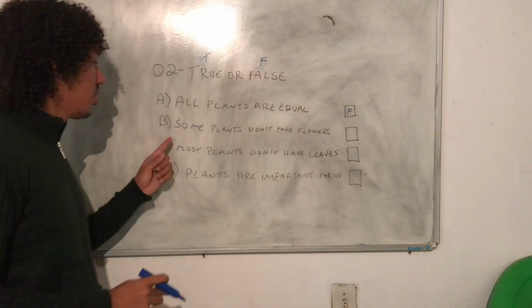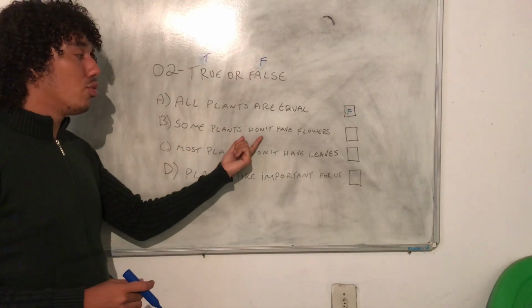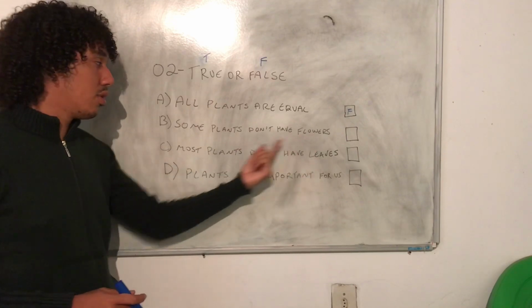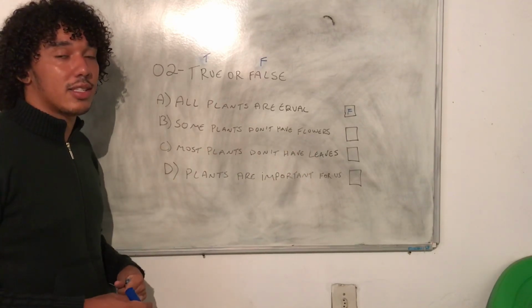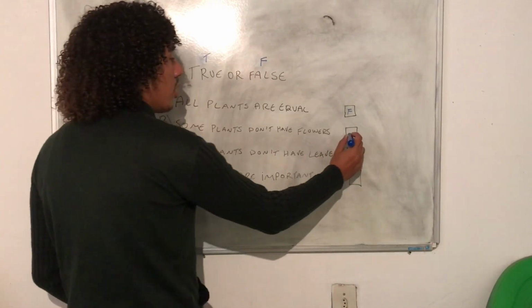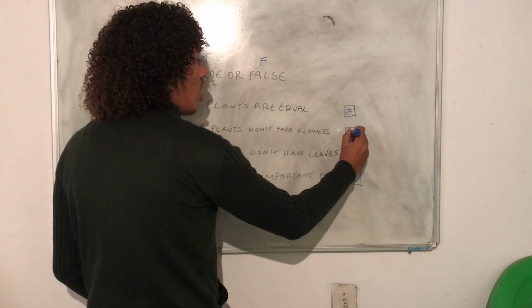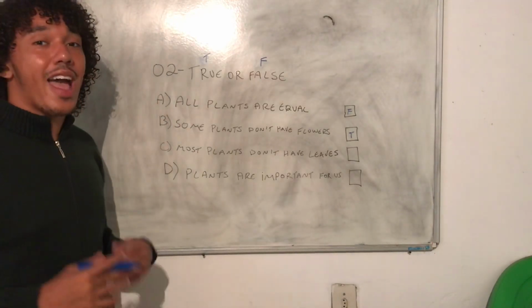So here is F of false. Letter B: some plants don't have flowers. This information is true. As we saw in the text, we have varieties.